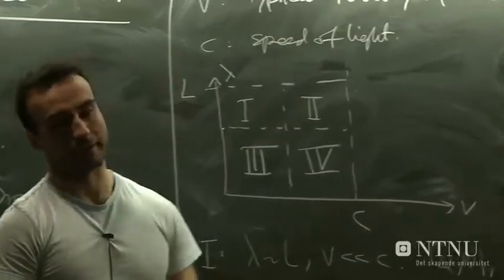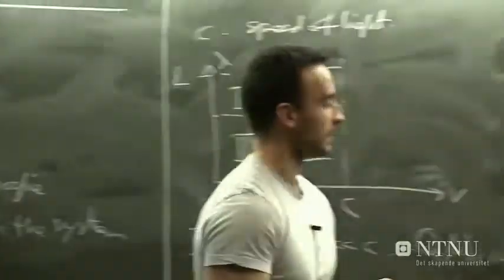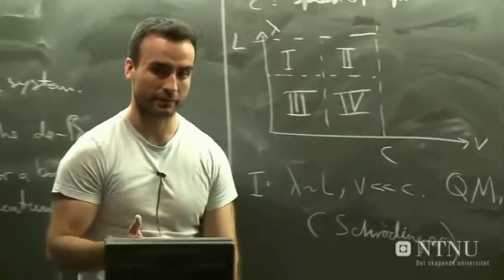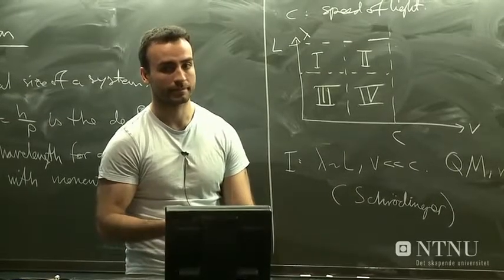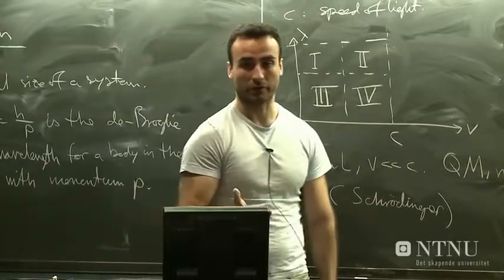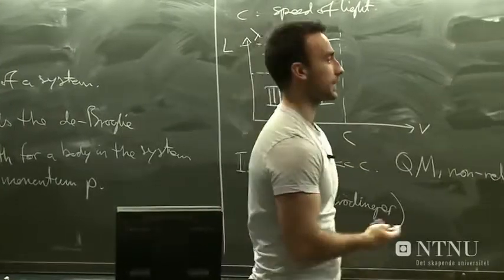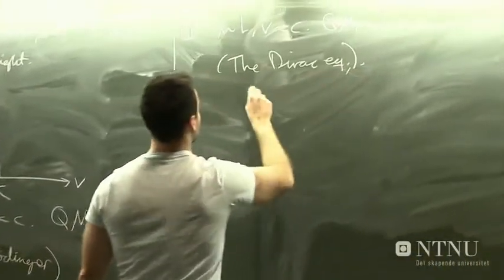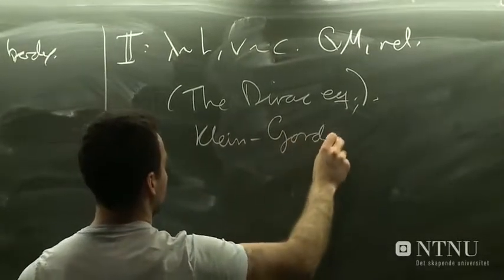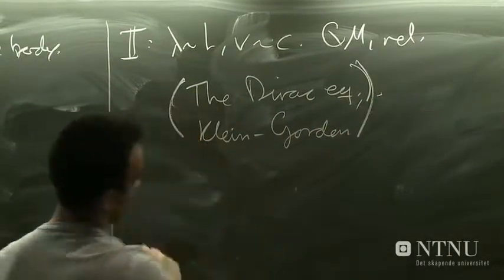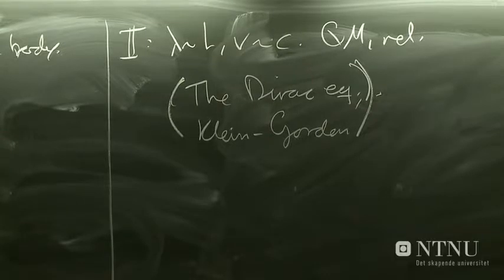Yeah, you're right. So for instance, the Dirac equation, if you want to describe neutrinos, which are spin-half particles. What about the Klein-Gordon equation? The Klein-Gordon equation you would use for bosons, for instance. Yeah, you're absolutely right. So these are just examples of theories we could use.